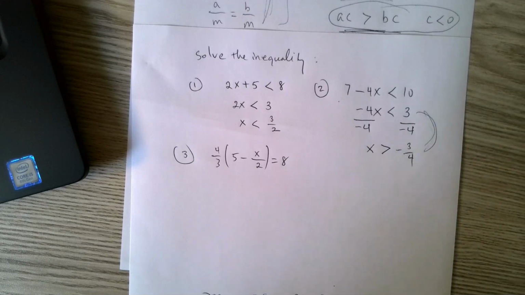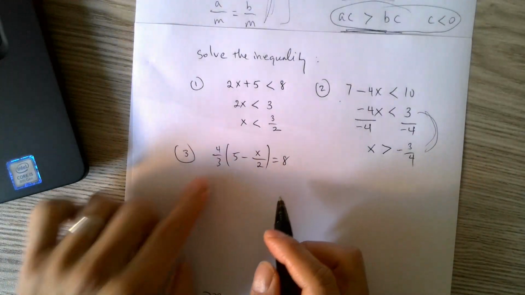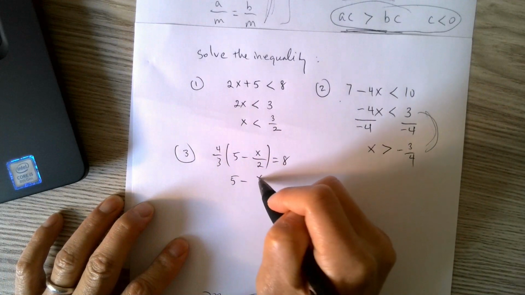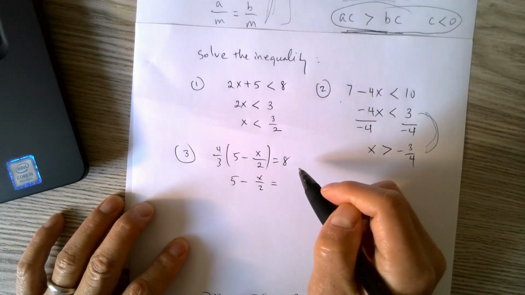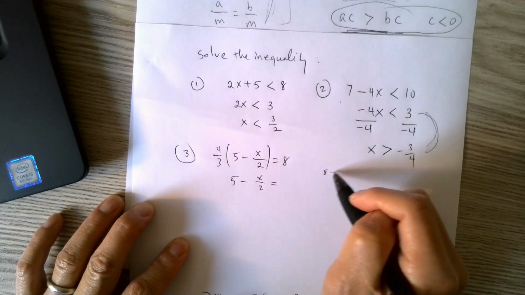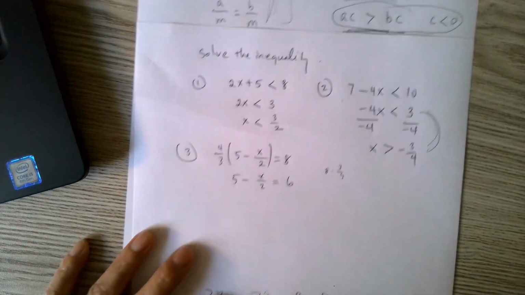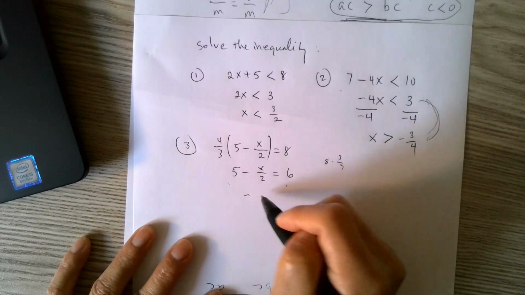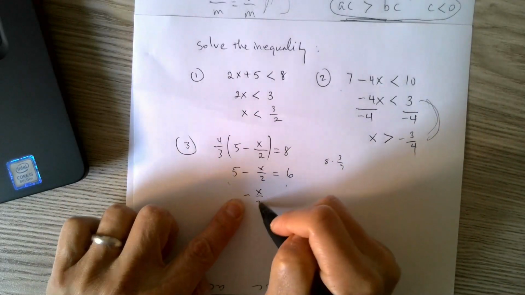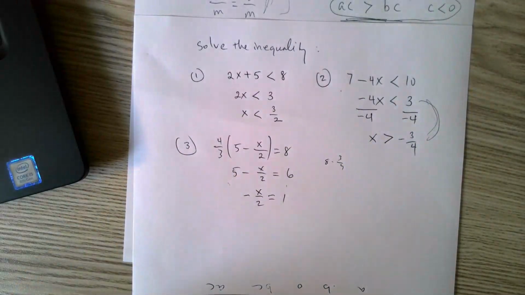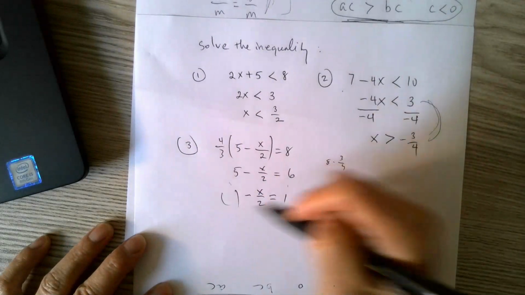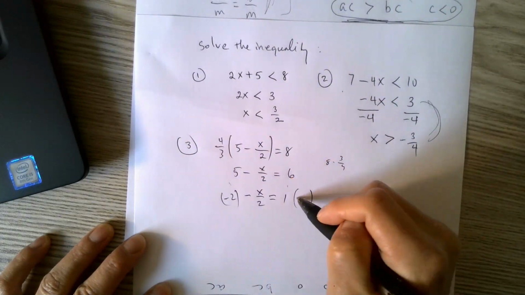Okay, this will be the last example. I'm going to multiply both sides by 3/4 to get rid of this fraction. Eight times 3/4 is 6. I'm going to subtract 5. Remember, this stays negative. And now I'm going to multiply both sides by -2.